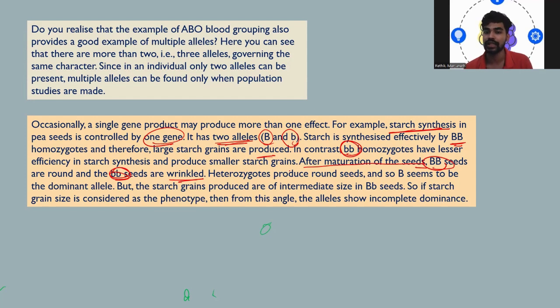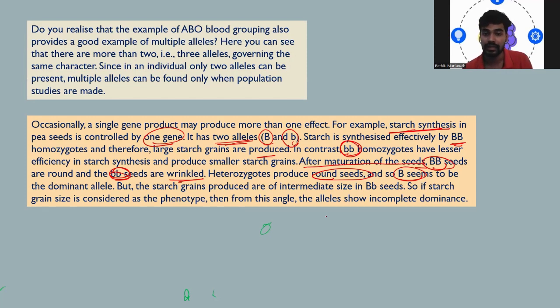So in the heterozygous, what happened? They also produce a round seed because here dominance comes. We can see that capital B seems to be dominant over the small b allele, but starch grain production is of intermediate size.